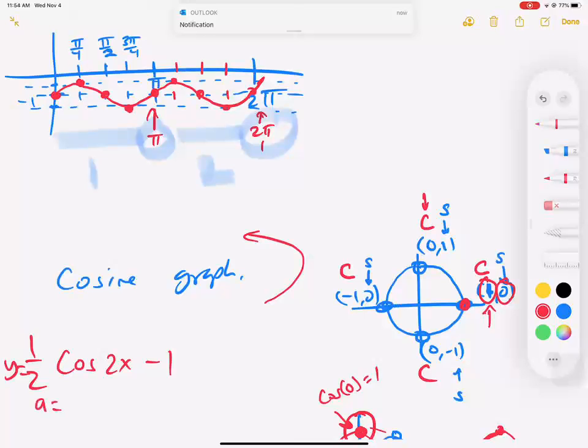Let's talk about our A, B, C, and D. Let's see if you can guess what my A is. A is in front. What do you think my B is? B is always next to x, which leads me to my period, 2 pi over 2, which is pi, right? That's the period. If I want to see 2 of these in 2 pi, it's going to take me pi to finish each. My C is 0 and my D is -1.